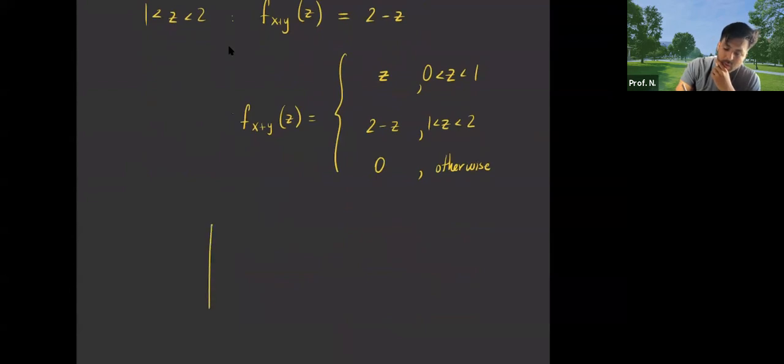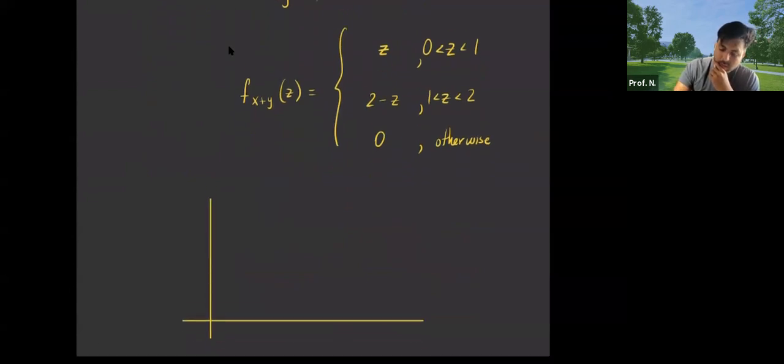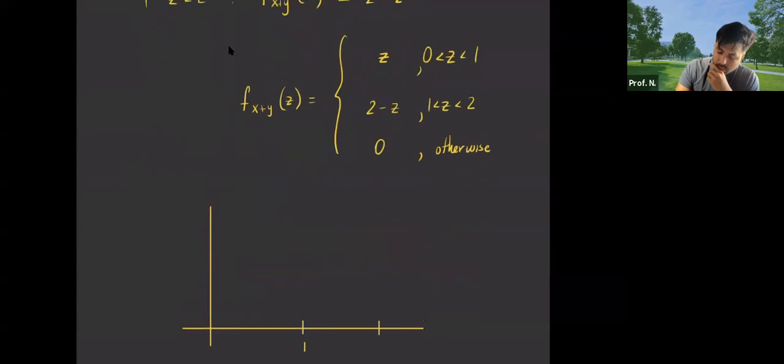And when you graph this, this here becomes a straight line going through the origin.